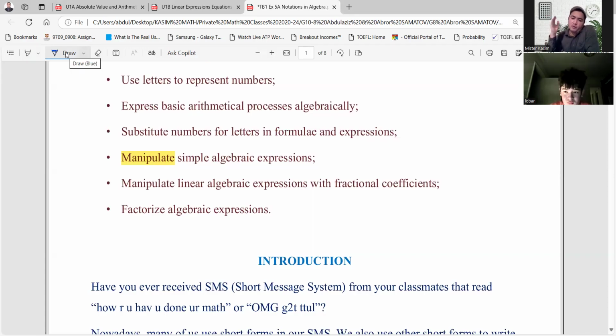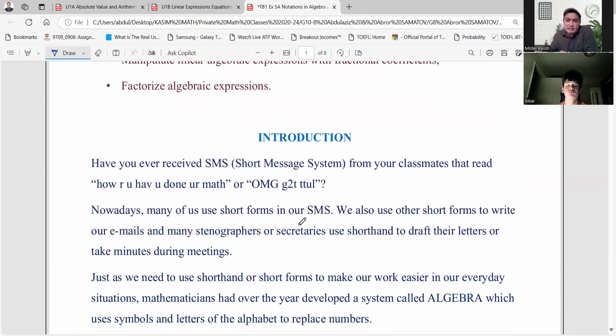I can write it as 1 plus 1, or 3 minus 1, or 6 divided by 3, or 0.5 times 4, or 2/3 times 3. In many different ways I can write it. That is manipulation of simple algebraic expressions, because depending on the context, you need to manipulate the expressions so that you can deal with them.